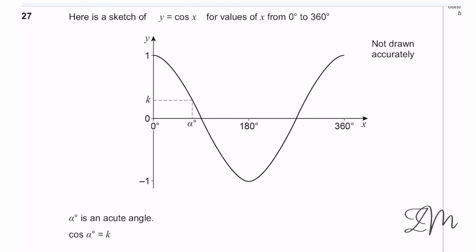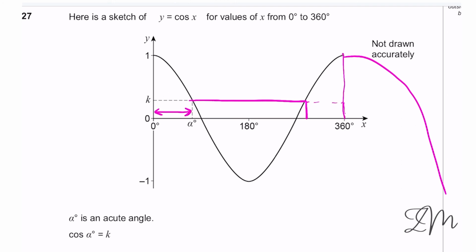So if I was to draw this graph, and if I wanted to get the next one along, this space here is the same as this space here. So your rule for cos is 360 minus alpha will be the same as cos alpha. Now also, cos repeats every 360. So every 360 the graph repeats.